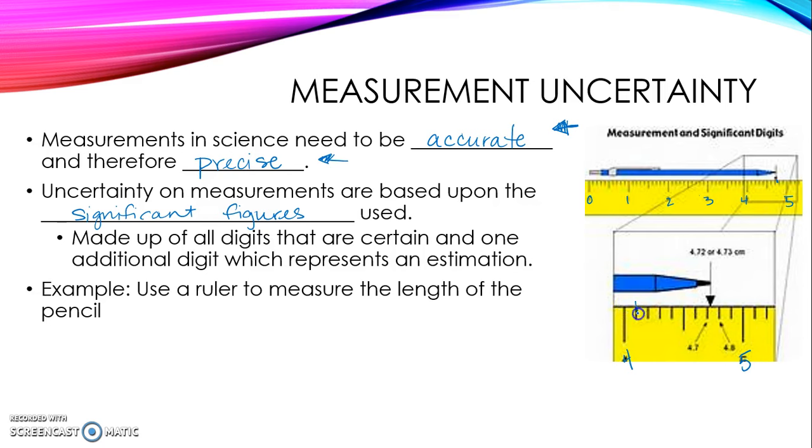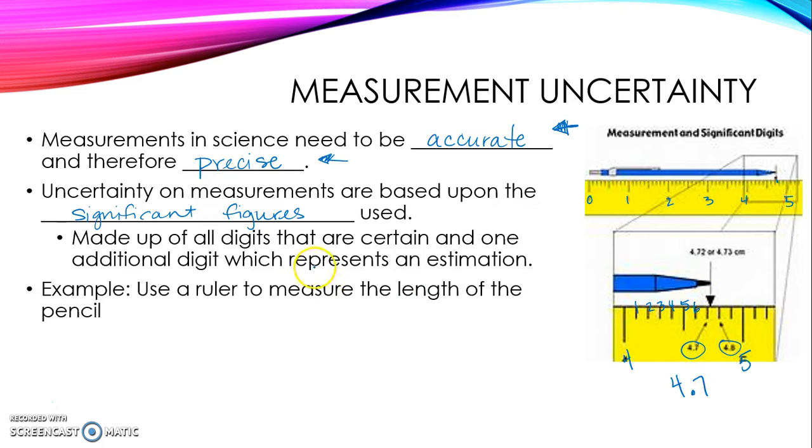This would be 4.1, 4.2, 4.3, 4.4, 4.5, 4.6. We know that the measurement of the pencil would be between 4.7 and 4.8. That we know for sure. We don't know anything else for sure. Now, because it hasn't reached 4.8, we say it is 4.7. We know that for sure.